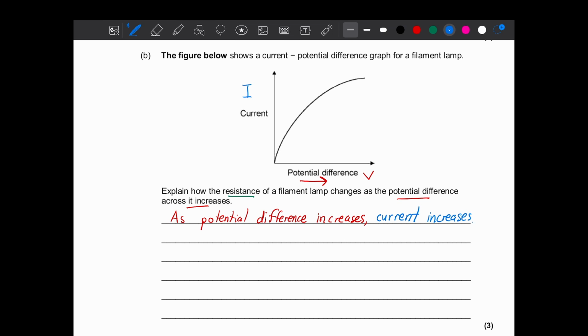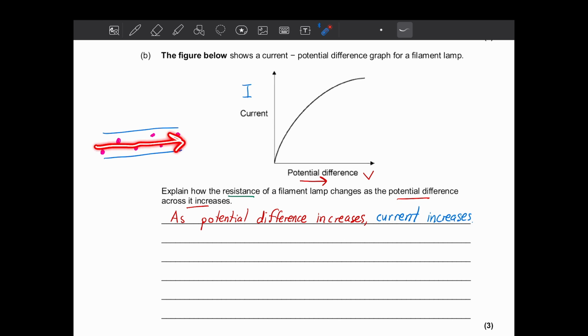But what happens when current increases? If you think about a conductor with all of its ions located along the metal, when you say that current's increasing, what you're saying is that you've got more charge flowing along or drifting along your conductor in a given amount of time. After all, current is just charge divided by time.